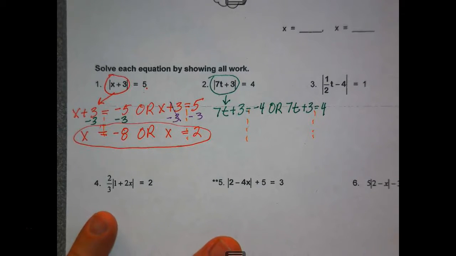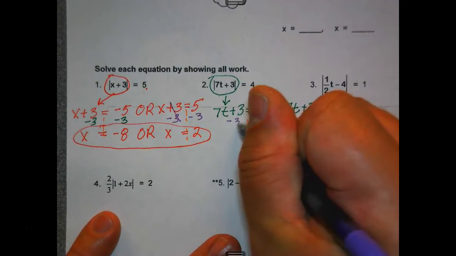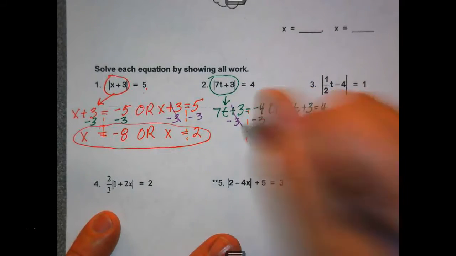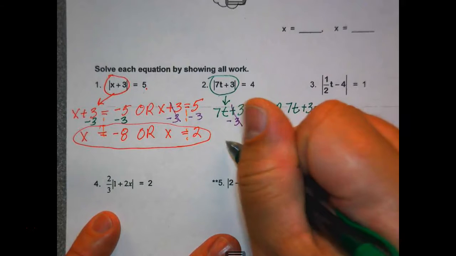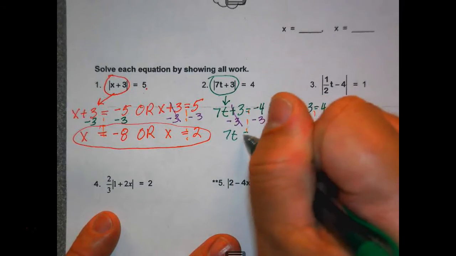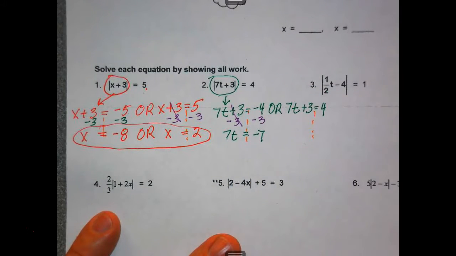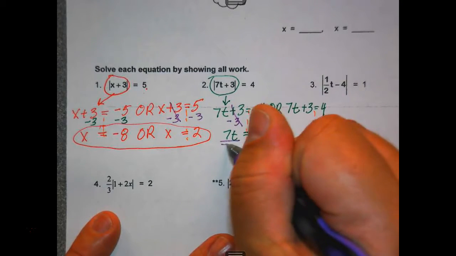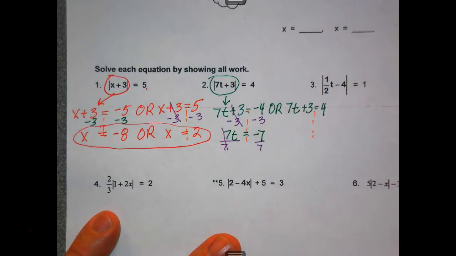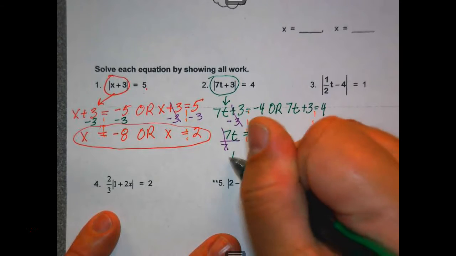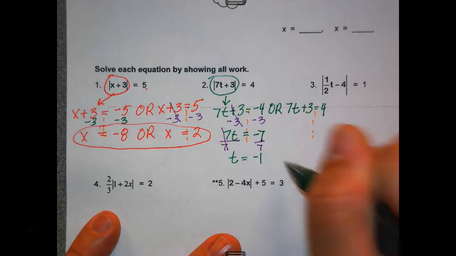All right. Subtract 3. I get 7t equals -7. Divide by 7. T equals -1.